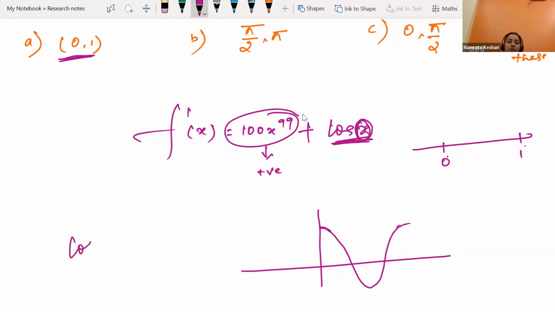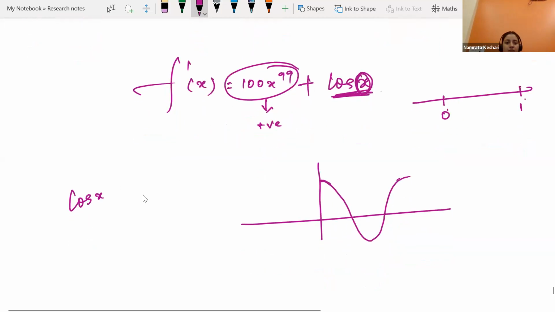Suppose we are taking cos x, cos 0 will be, okay, the answer will be 1, right? Yes. Okay, so at 0 we can see it's positive.